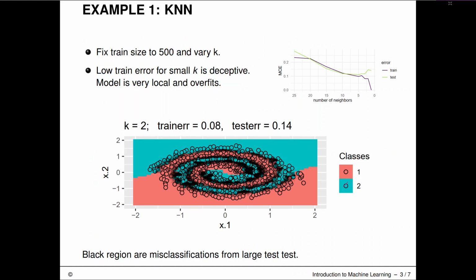So here's just a slight variation of the same example. Now we'll fix our training data size to exactly 500 points, and we're going to vary k as a model selection hyperparameter.